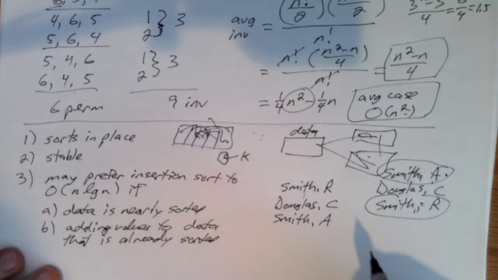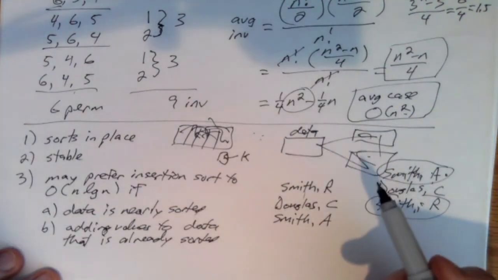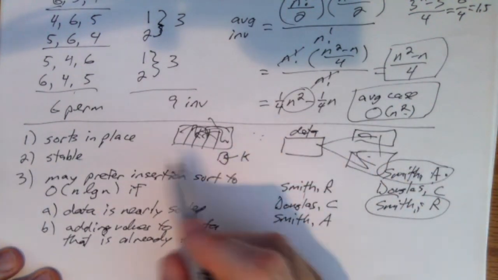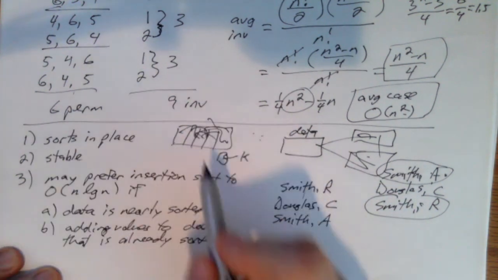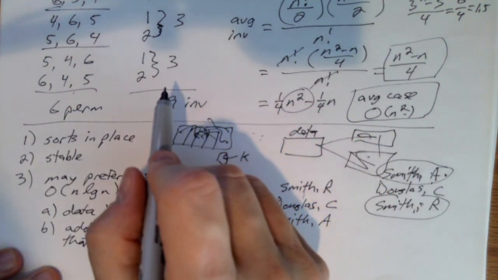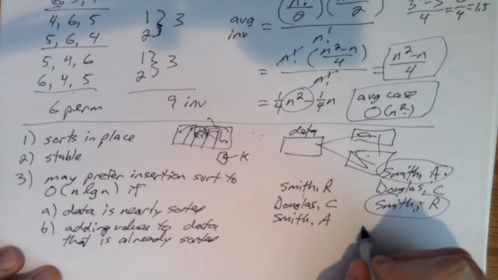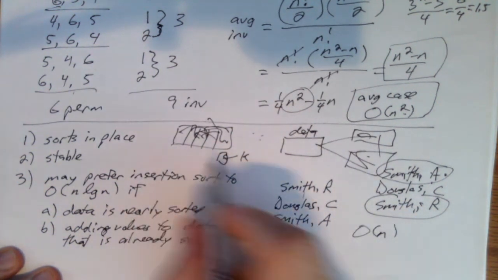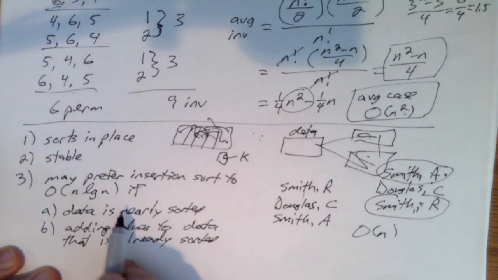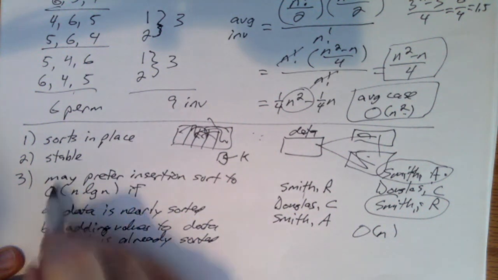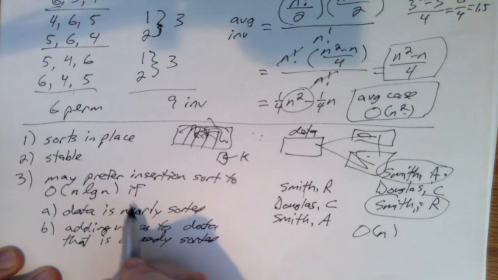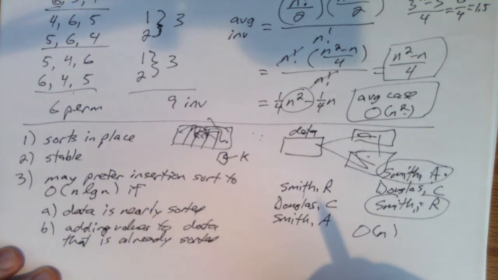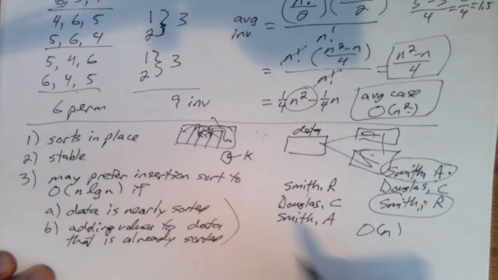If the data is already sorted, then we know we just add things to the end. And you don't have to write special code to figure that out. Insertion sort just does that, which is why it could have big O of n operations for that. Whereas some other sorting algorithms may sort of undo things in the attempt to put it back in order. So in some cases, it may actually be faster. Okay, if you have these situations.